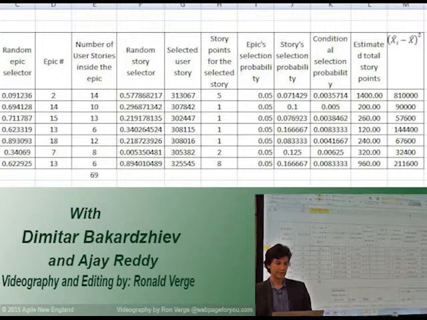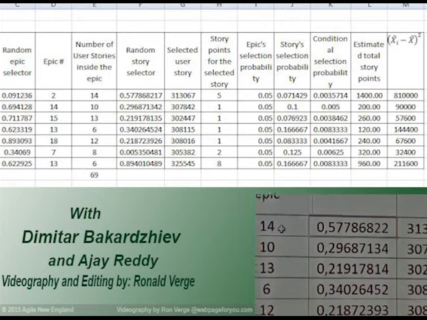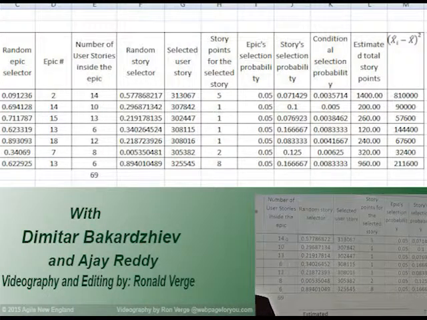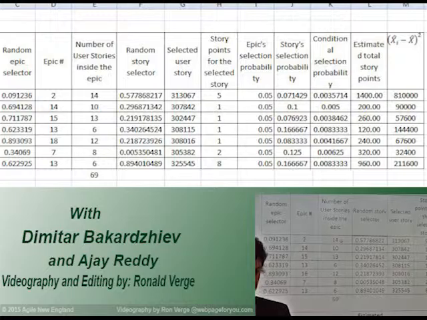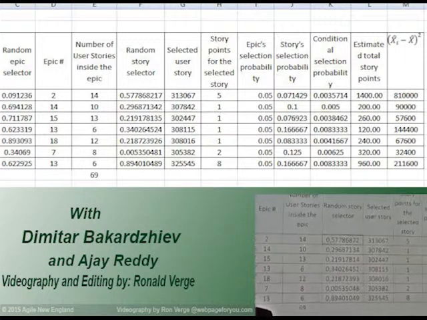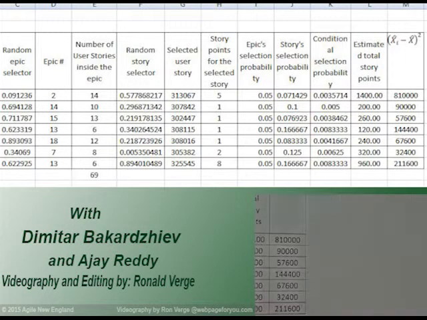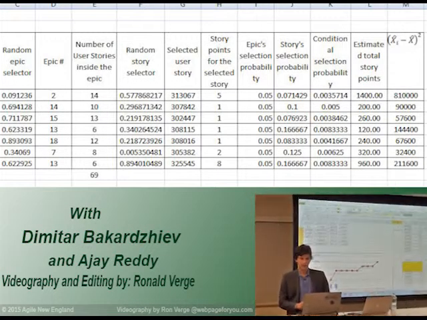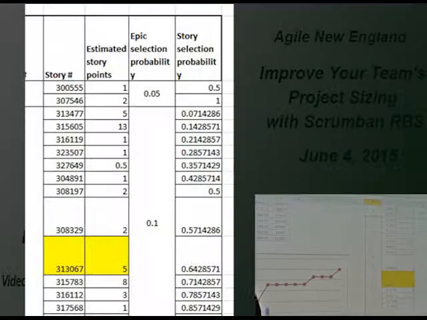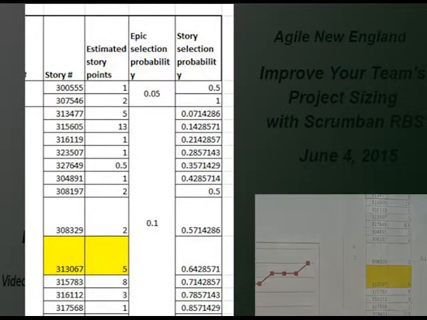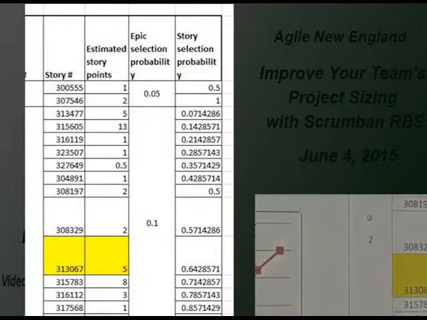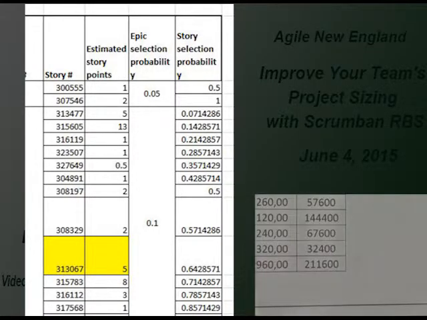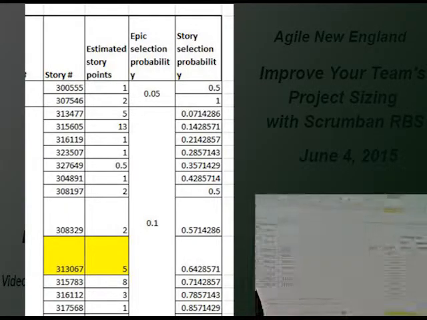And then I generate a new random number to pick a user story, one of those 14. And in this case it's 0.7577. And I look at which of the user stories for this particular epic number 2 will be returned based on this random number. And here in column T is the story selection probability, which is really 1/14, right?